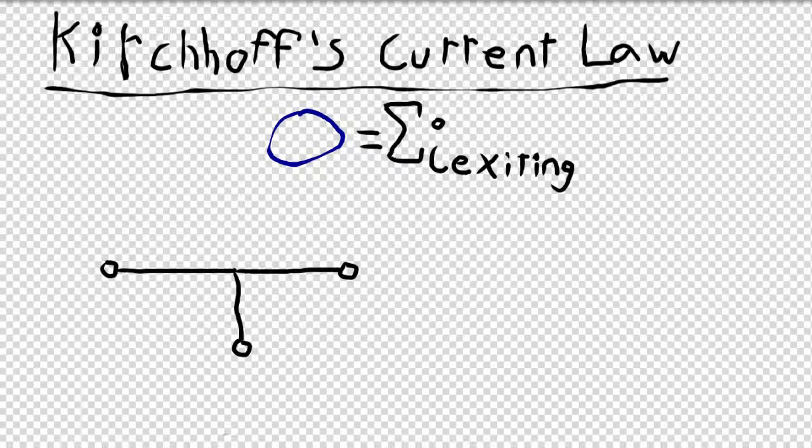Now, that might not make any sense, but it does if you think about it for just a little bit. If you're using the law in this mode, then whenever you look at a node, you're always going to draw all the currents exiting the node every single time, just by default.